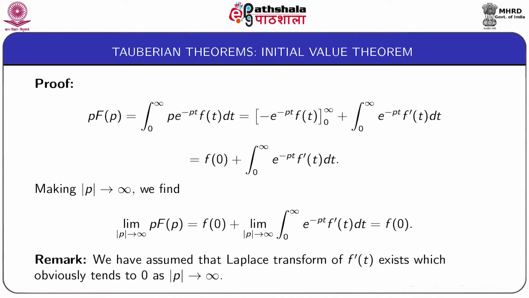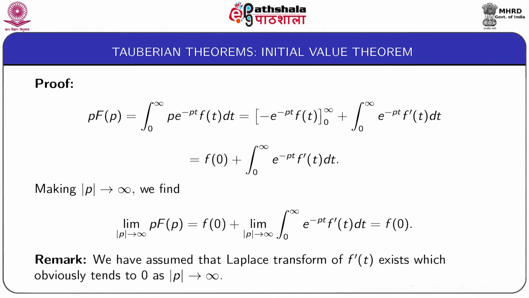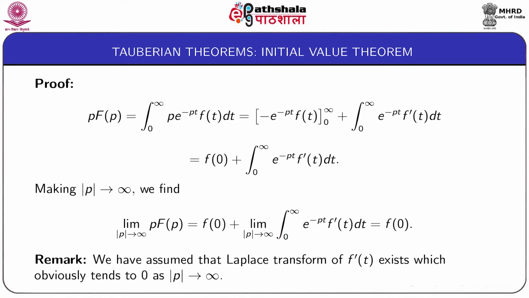Now if we make mod p tend to infinity, we find limit mod p tends to infinity p F(p) is equal to f(0) plus limit mod p tends to infinity integral from 0 to infinity e to the power minus pt f dash t dt, so that the second term vanishes and we get limit mod p tends to infinity p F(p) equal to f(0).